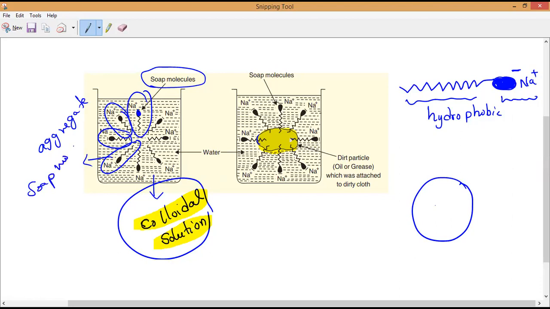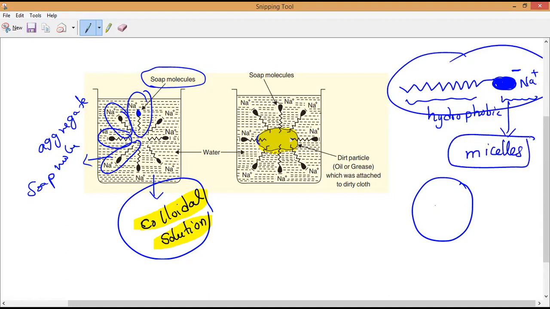These molecules are called micelles. So micelles form whenever I dissolve soap in water; it aggregates into soap molecules, and what do we call those soap molecules, everybody?